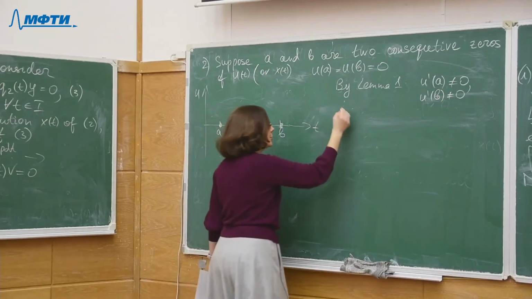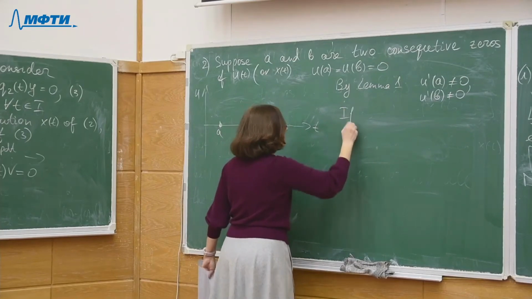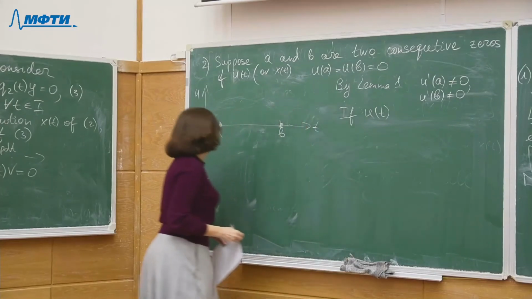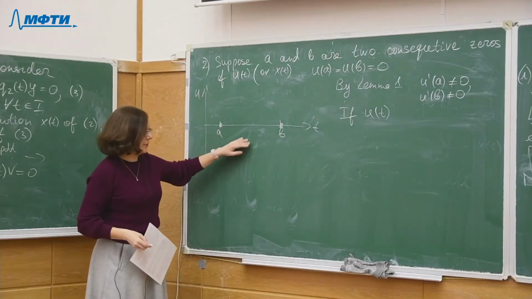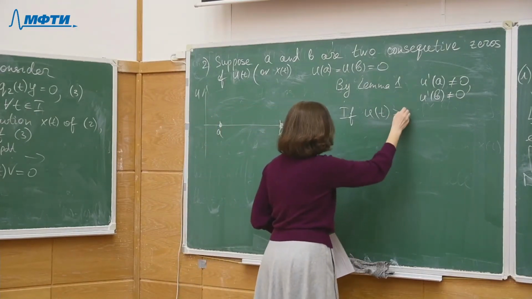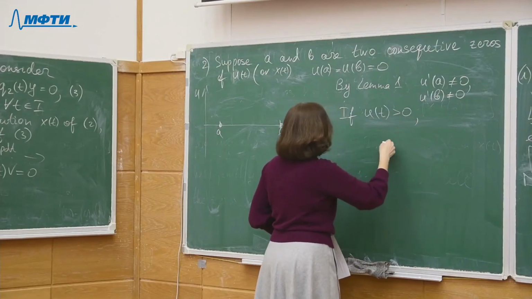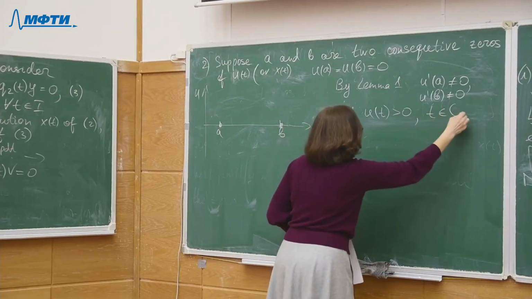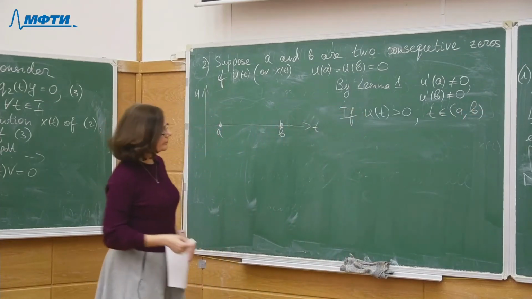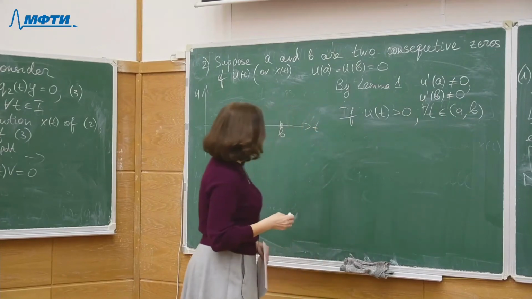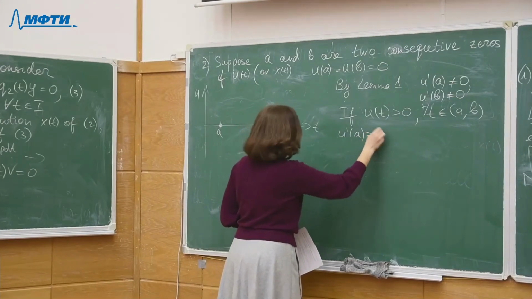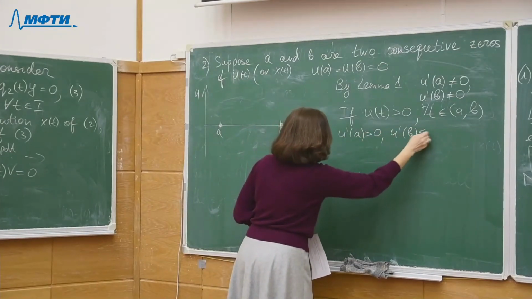And if we suppose that u of t can be greater than 0 or less than 0, then without loss of generality, we suppose that u of t is greater than 0 for t between a and b. Then I claim that u prime of a is greater than 0 and u prime of b is less than 0.